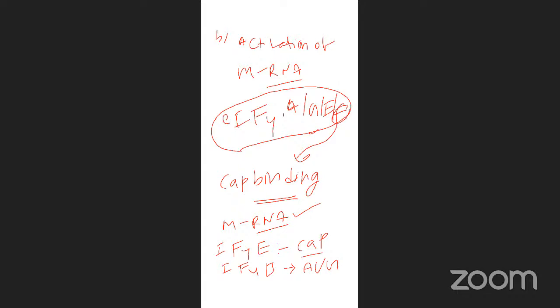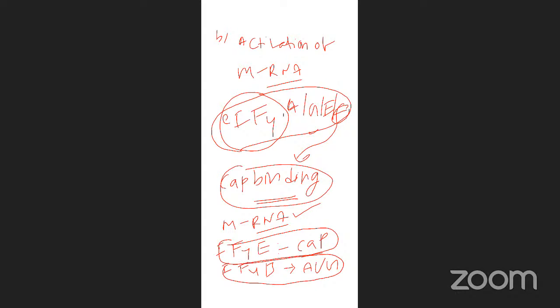So this is the process. First, initiation factor F4 is involved in the activation of mRNA. For this, first the cap region is recognized with the help of initiation factor E, and this binds with the help of initiation factor F. Then initiation factor F4B recognizes the starting codon AUG.